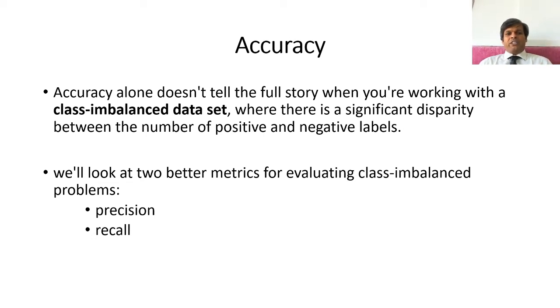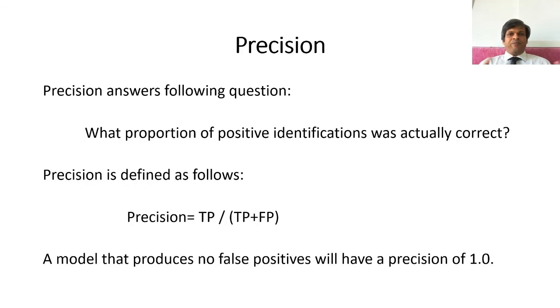Next we look at what is precision and what is recall. Precision answers the following question: what proportion of positive identifications was actually correct? Suppose out of 100, our model said 80 people had survived.